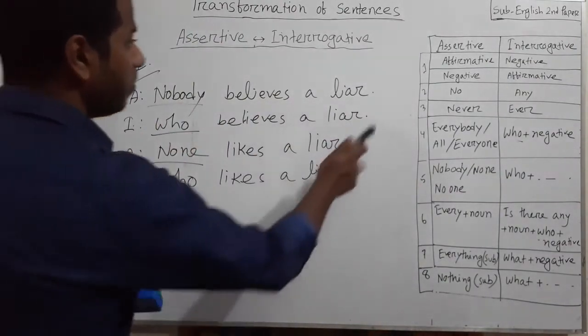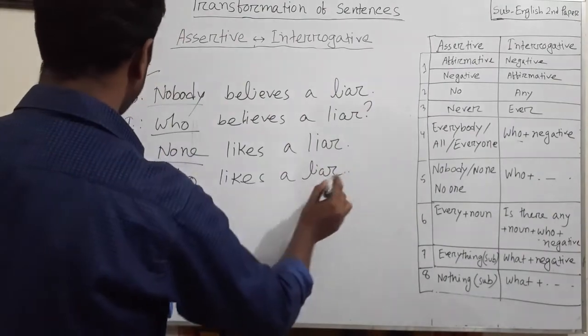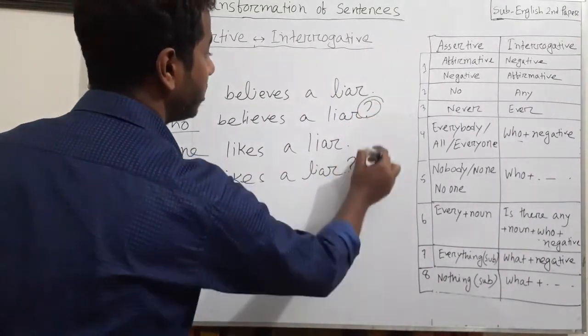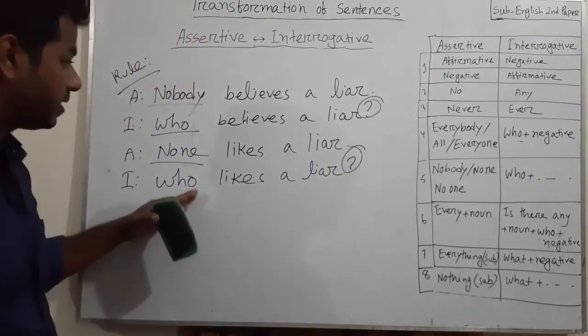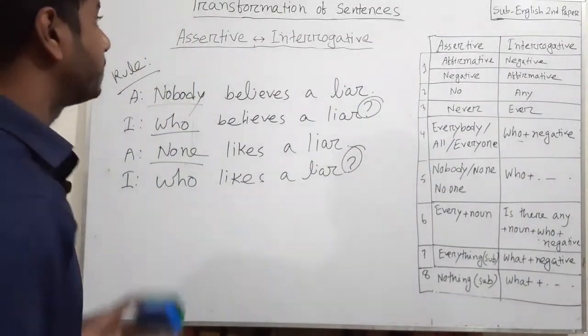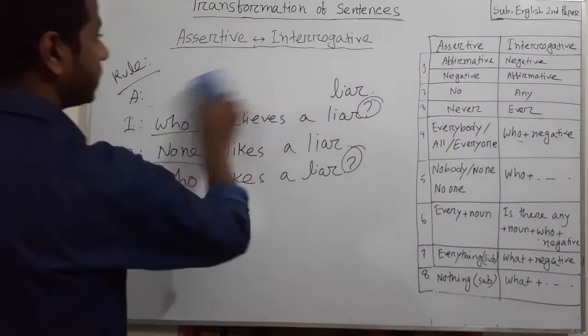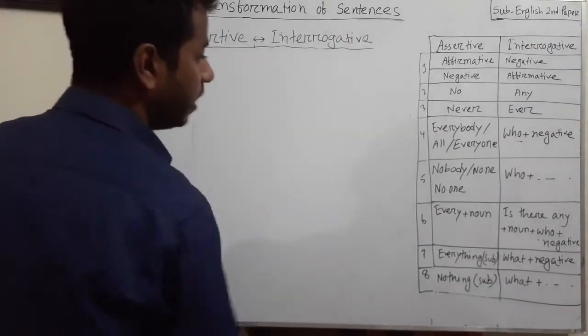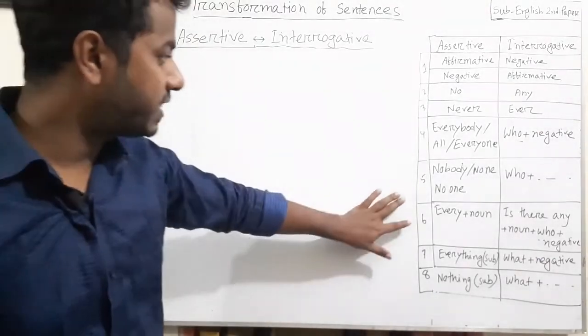Remember to write a question mark in the interrogative sentence, otherwise this sentence will be wrong. Okay, then rule 6.